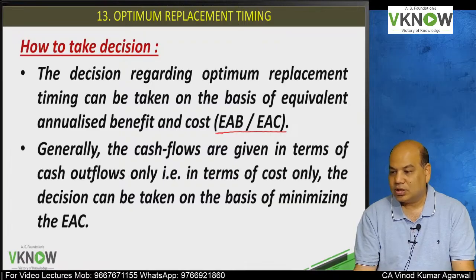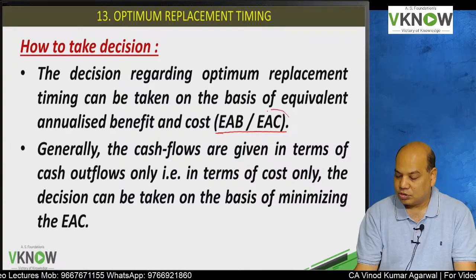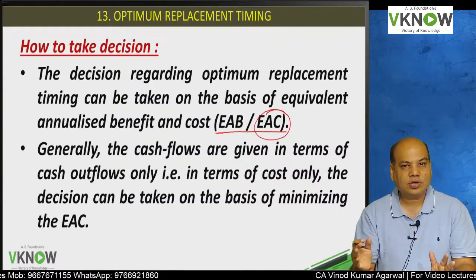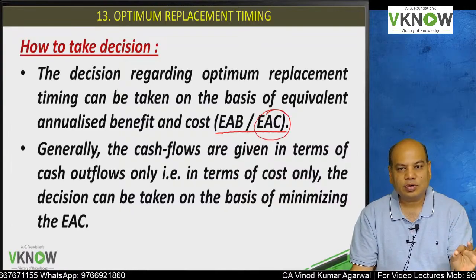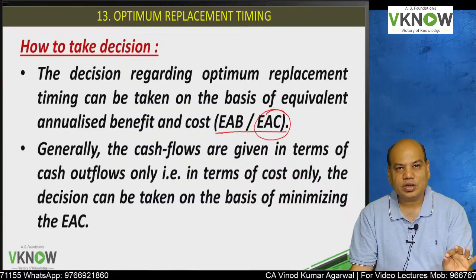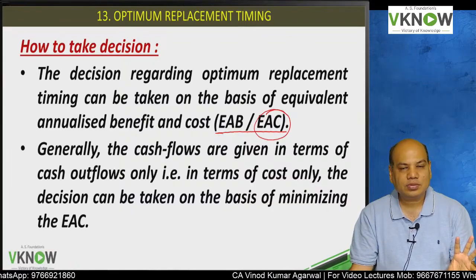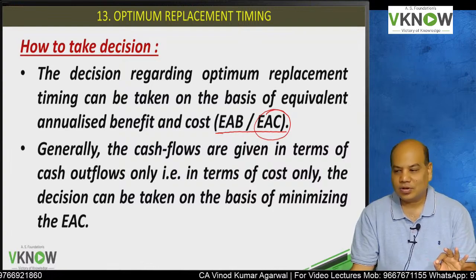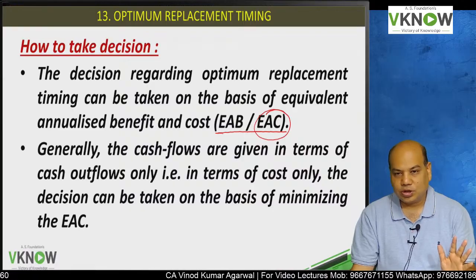Compare EAC or EAB. In most of the questions you have to compare EAC because the revenue model is not given. It's a cost model. Cost of the machine will be there, running cost will be there, repair cost will be there, maintenance cost will be there. So most of the time, most but not all, we have to compare EAC, and wherever the EAC is lower, you will choose that option.